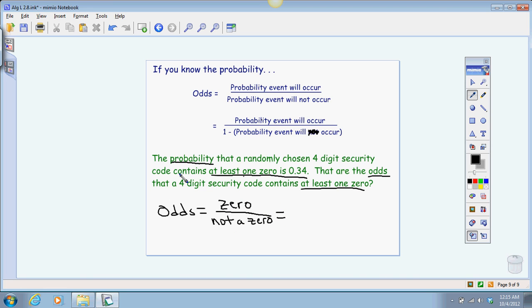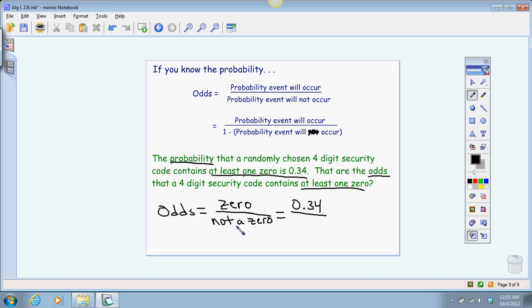In this case, we're given probability and we want to list it in terms of odds. So if we know the probability, the odds of something happening, we take the probability that the event will occur. Well, what is the probability? Right here. The probability that it contains at least one 0 is 0.34.